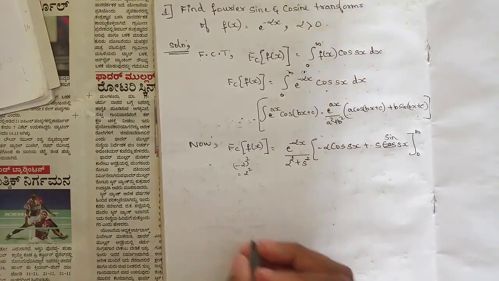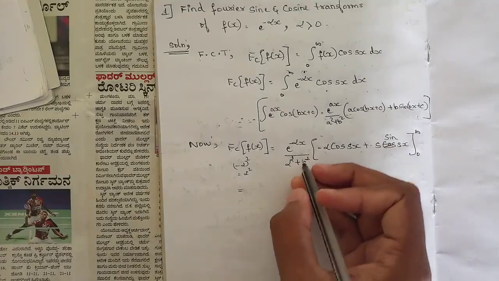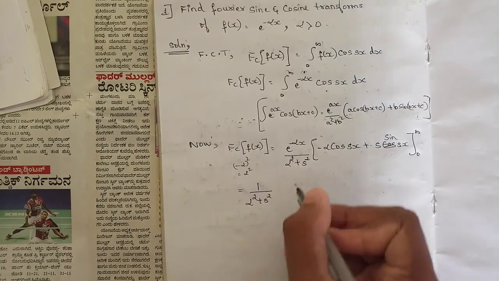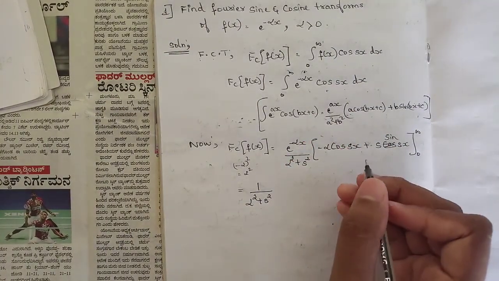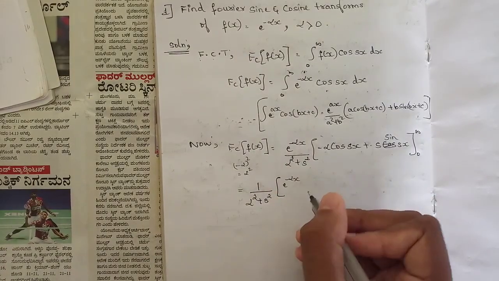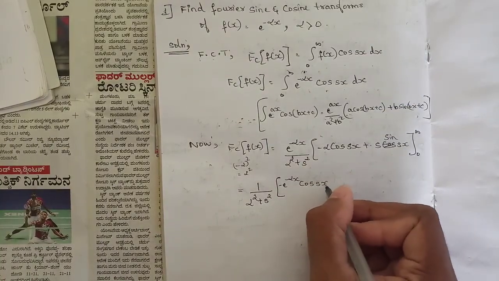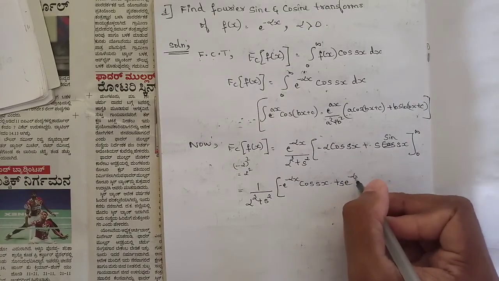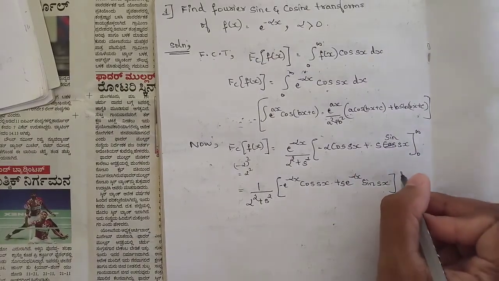Okay, so now here we can take 1 by alpha square plus s square common, and we can multiply e to the power minus alpha x to both the terms, that is e to the power minus alpha x into minus alpha cos sx plus s e to the power minus alpha x sin sx, and the limits are from 0 to infinity.